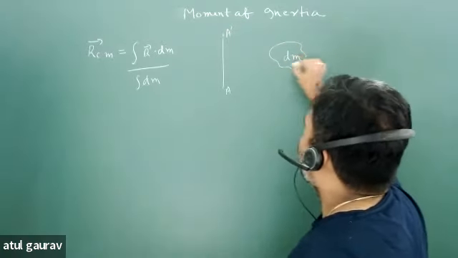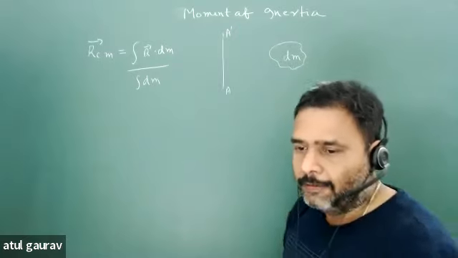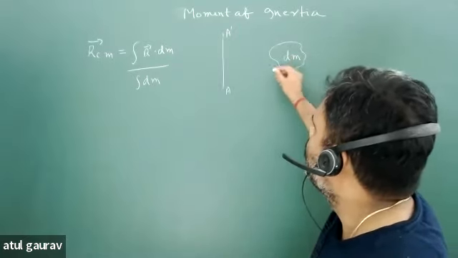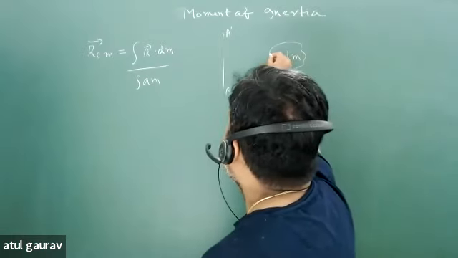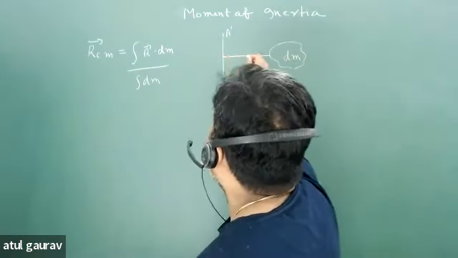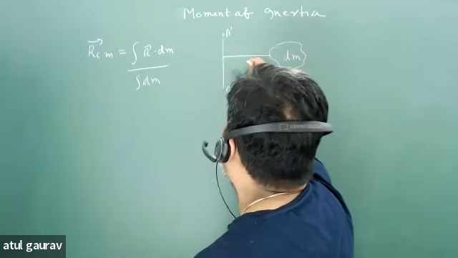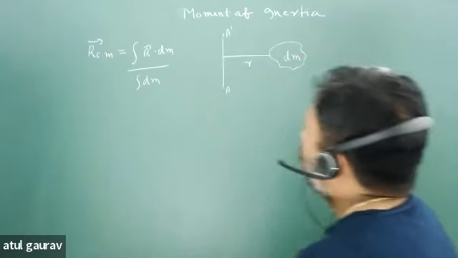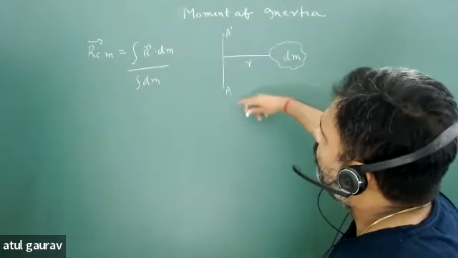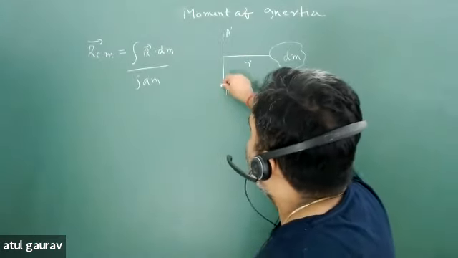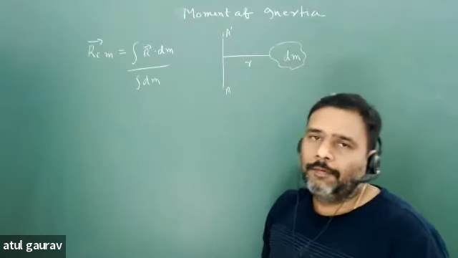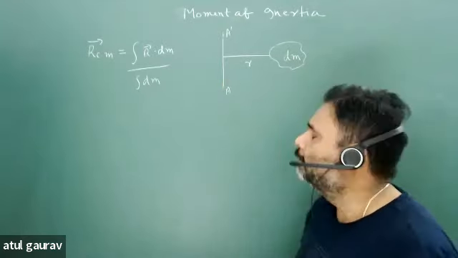I have deliberately made it a little bit bigger so that it can be visualized much better. And this is the perpendicular distance from this particular dm. Let's say this distance is r. So what will be the moment of inertia about axis a dash? So this is your axis. About that, you have to find the moment of inertia.